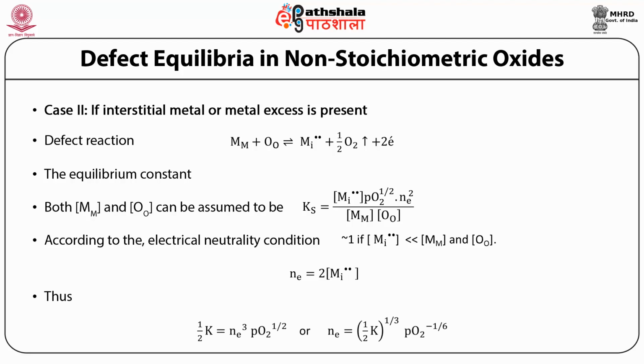Thus, 1 by 2K is equal to Ne cubed PO2 to the power 1 by 2, or Ne is equal to 1 by 2K to the power 1 by 3 and PO2 to the power minus 1 by 6. So this plot which we obtain from this expression is very much similar to the above case, that is case 1.